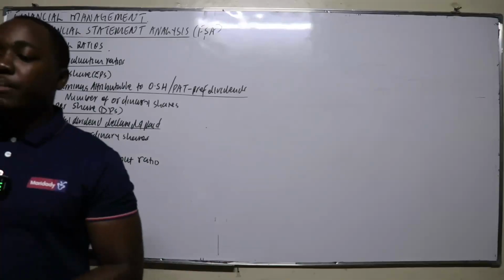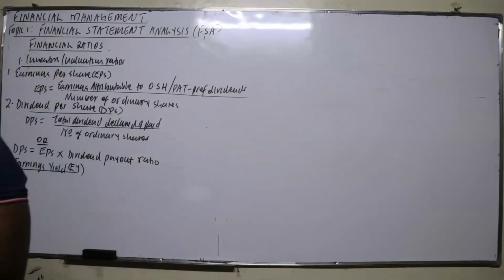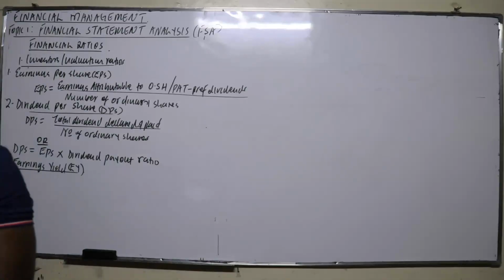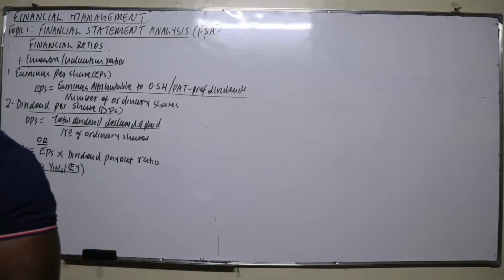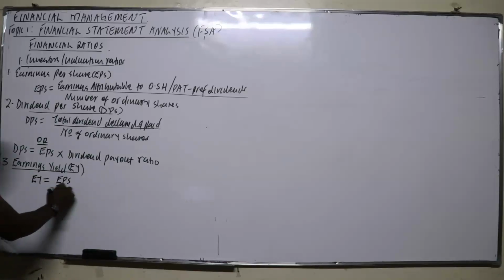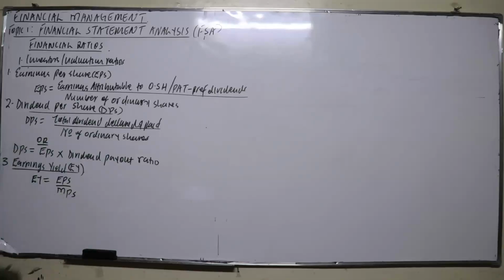It's computed as follows: to get the earnings yield, you take the earnings per share over the market price per share.